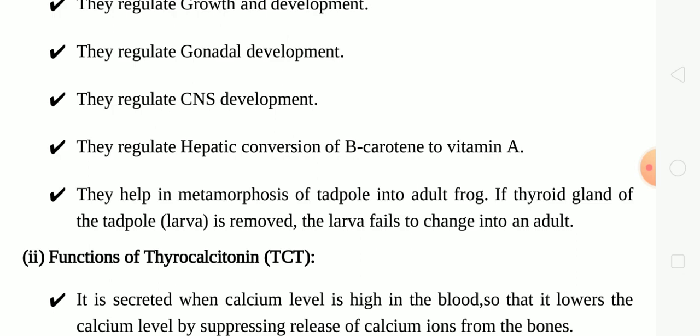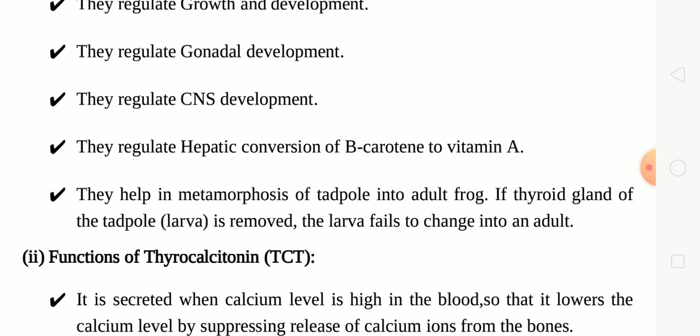And next, functions of thyrocalcitonin hormone. The thyrocalcitonin hormone has only a single function. This thyrocalcitonin is secreted when the calcium level is high in our blood. When the calcium level is high in the blood, the thyrocalcitonin is released from our thyroid gland, and it will suppress the release of calcium ions from the bones into the blood.